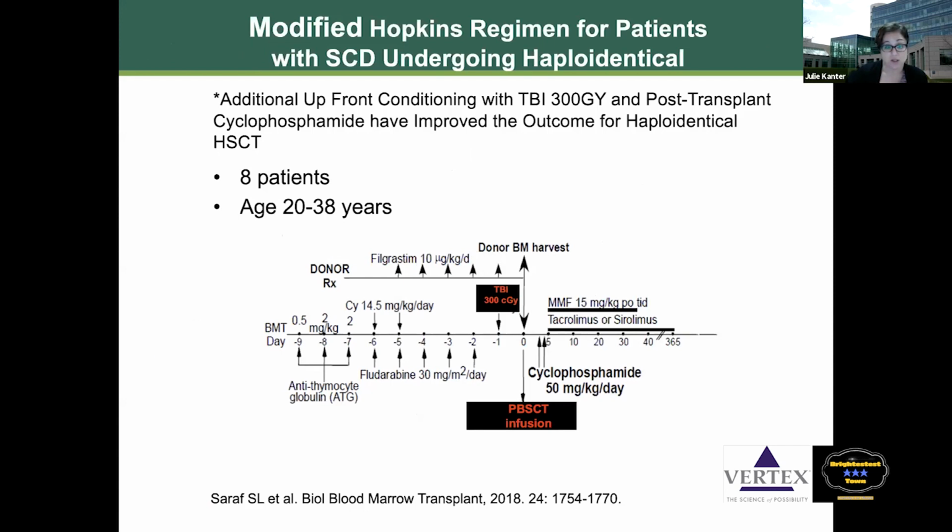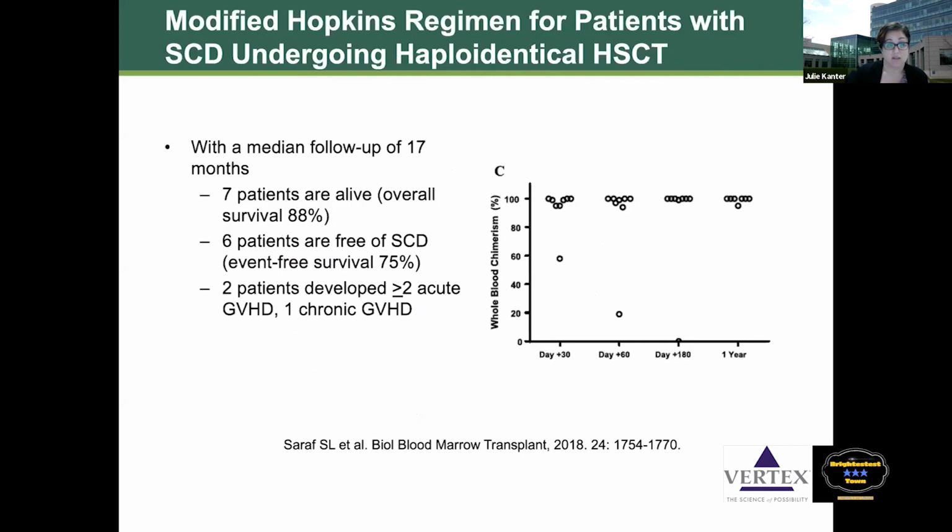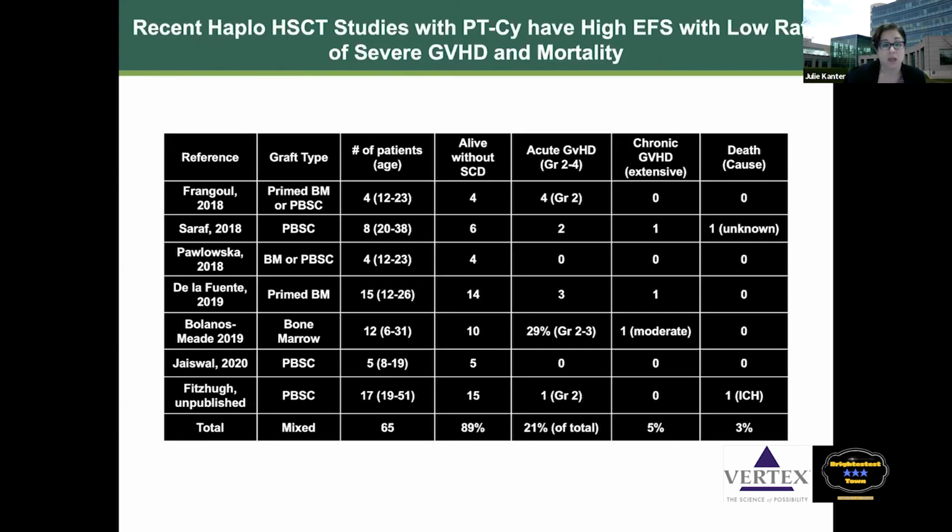So in 8 patients, ages 20 to 38, transplanted in Chicago, they had an excellent follow-up with 7 alive and 6 free of sickle cell disease. Unfortunately, though, there was still more graft versus host disease with the half-matched transplants or haploidentical than we saw with the matched related donor. When we look at a whole different group of haplo studies that have now implemented this post-transplant Cytoxan, you can see increasing event-free survival over time with very low rates of severe graft versus host disease and mortality.